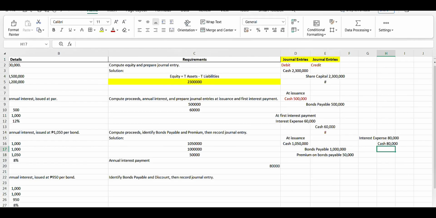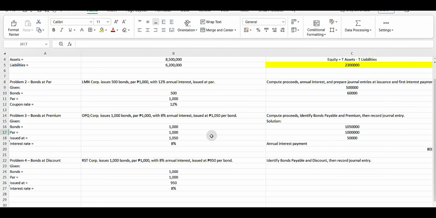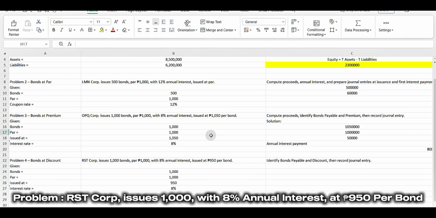Okay? Now I guess we are on the last part of our problem, which is under the bonds at discount. So let me just read this problem again. RST Corporation issues 1,000 bonds with a par value of 1,000 pesos with 8% annual interest.